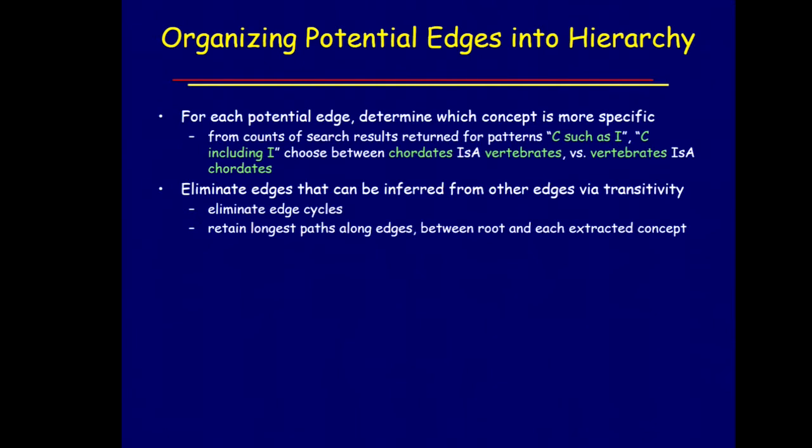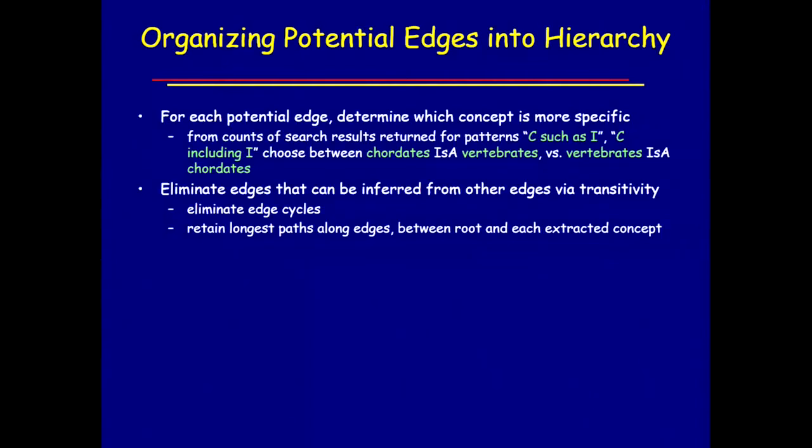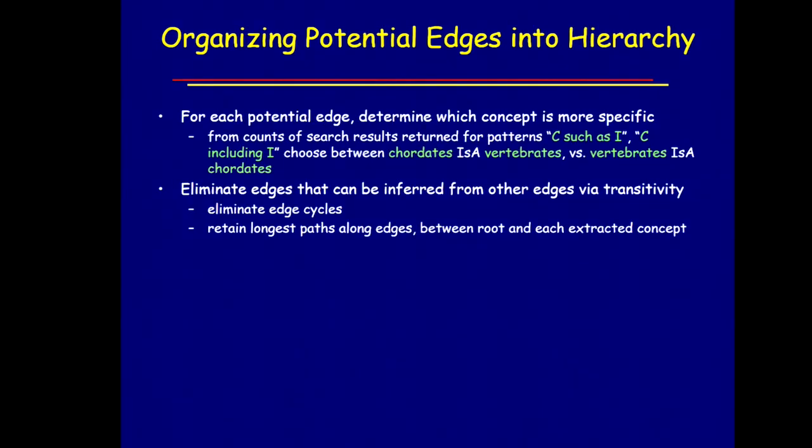If you have something like lion is a mammal and mammal is an animal and lion is an animal, then you might eliminate lion is an animal. It's just redundant in the sense that it can be inferred transitively from the other two edges, from two hops. And then in another step, they retain the longest paths along edges between the root and each extracted concept. So they know what the root is.